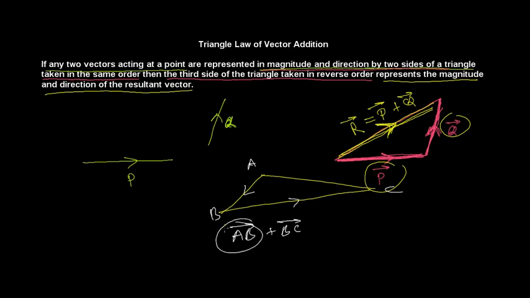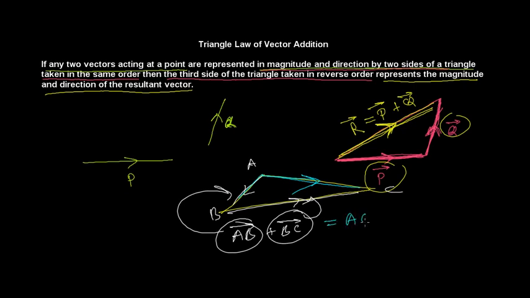Then the resultant of these two is given by the third side taken in opposite order. So this is vector AC. So AB plus BC equals AC.